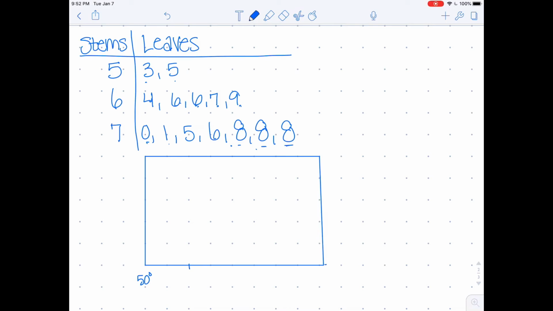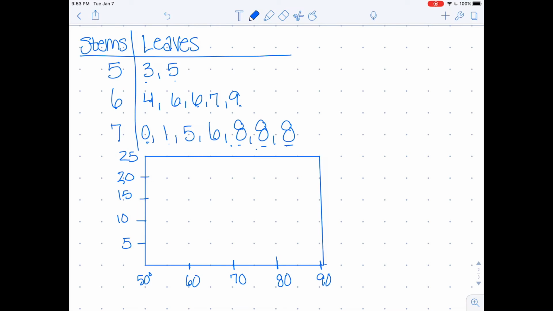Then we're going to go up to 60, 70, 80. If we were keeping on going, this would be 90 degrees. We don't have any in between 80 and 90, so we won't make any marks there. Then on these lines, we're going to have, it goes up, it occurs 5, 10, 15, 20, 25 times.